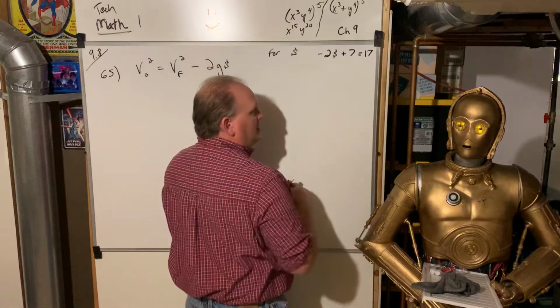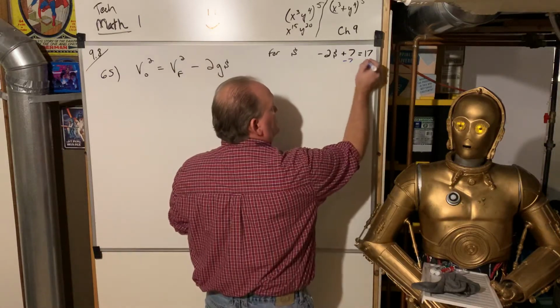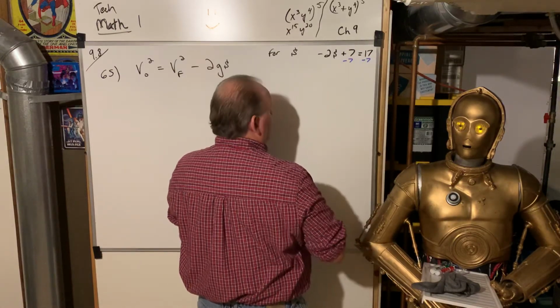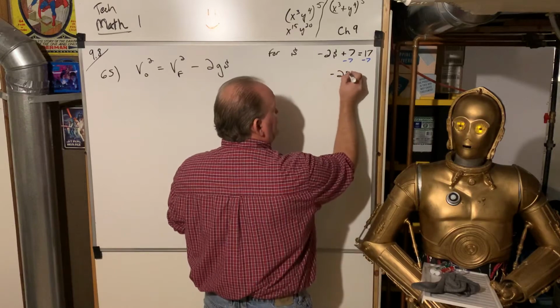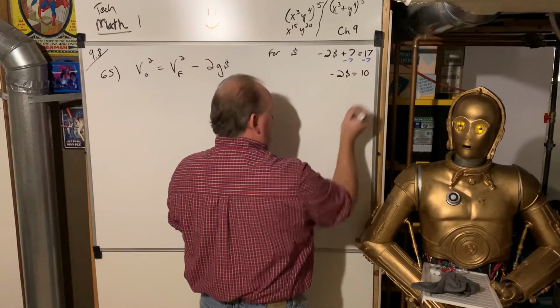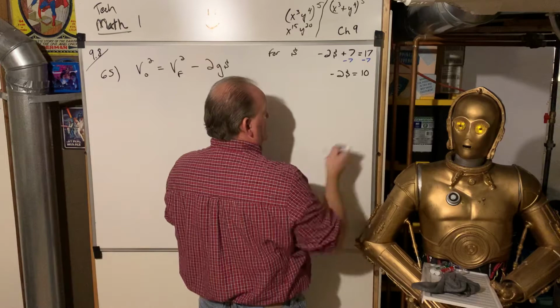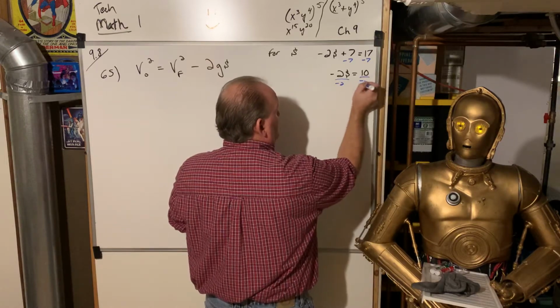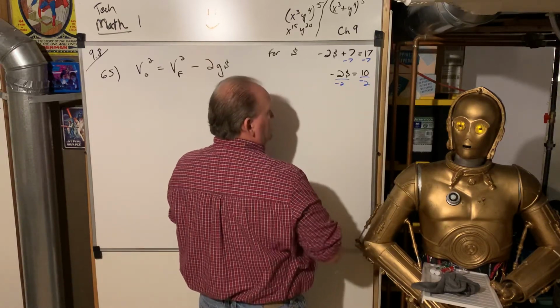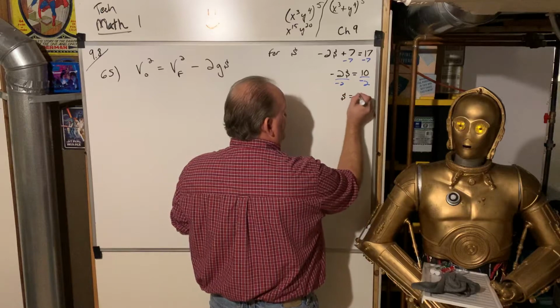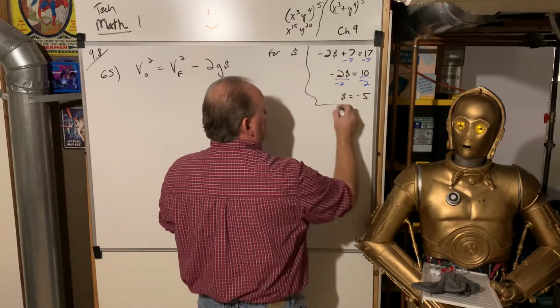I just made up that problem. We would subtract 7. That would give me negative 2s is equal to 10. And then we would divide by negative 2. And that would give me s is equal to negative 5. All right, nice concrete problem.